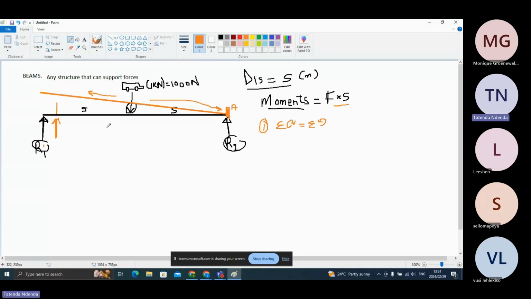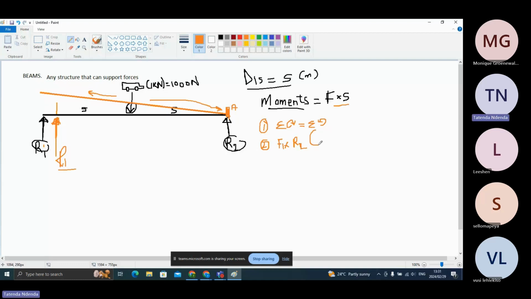Okay. So now, I have this force here, which is R1 that I'm having here. When we are calculating the reactions, I'm going to say now, number 2, R1, sorry, R2.